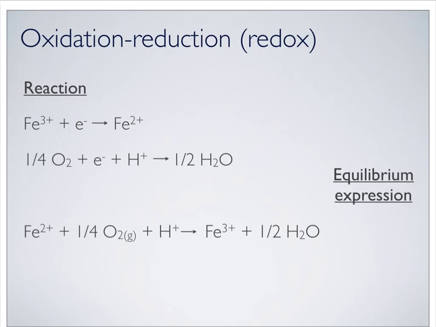So we're going to have the electrons all written on the left-hand side. Now, as we'll discuss later, the tendency for a reaction to occur is defined by its reduction potential. So we can find reduction potentials for reactions in tables in the scientific literature. So for this first one, E0, which is the reduction potential, and that's going to be in volts, it's going to be equal to 0.771 volts.